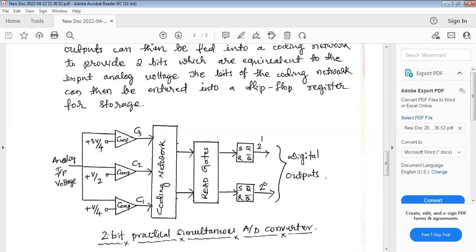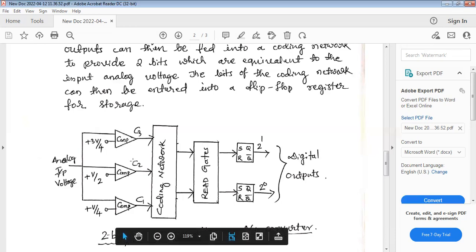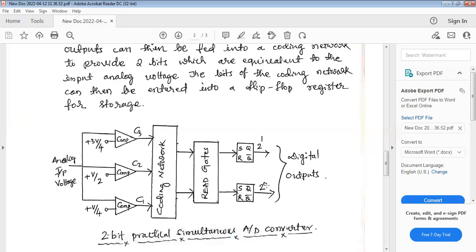So here our analog input signal is fed to the comparators. It passes through the comparators, the coding network, the read gates and the RS flip-flops, and comes out of these flip-flops as a digital signal, a 2-bit digital signal. So this is the 2 raised to 0 bit and this is the 2 raised to 1 bit, and here we are getting the digital outputs.